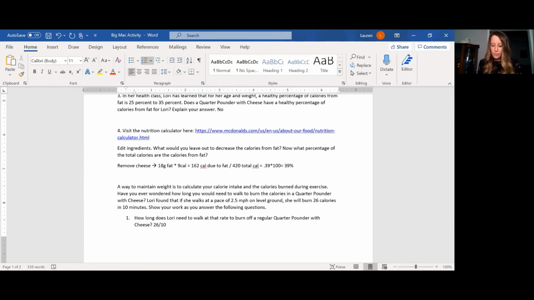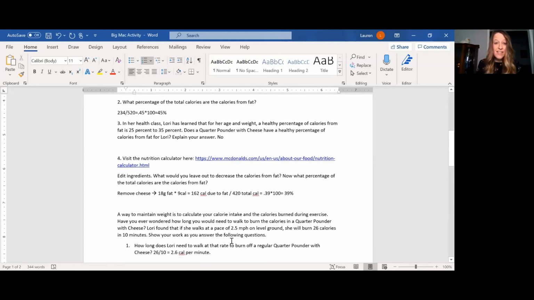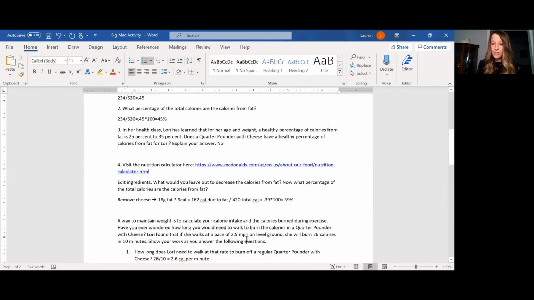Right? How many calories does she burn per minute? So I just divide this out. 26 over 10 would give us 2.6 calories per minute.